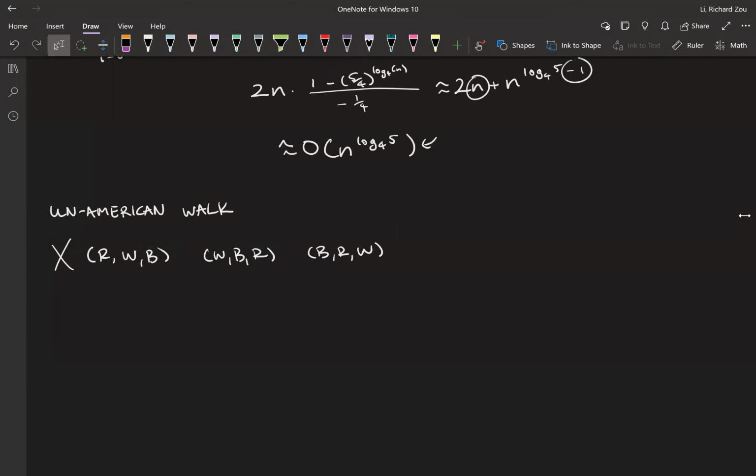One thing you should notice is that the naming is a little bit tricky because the un-American walk is not the complement of the American walk problem. So what this means is that if some walk in the graph is not an un-American walk, it does not necessarily mean that it is American.